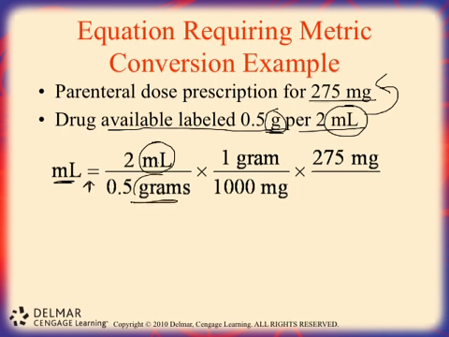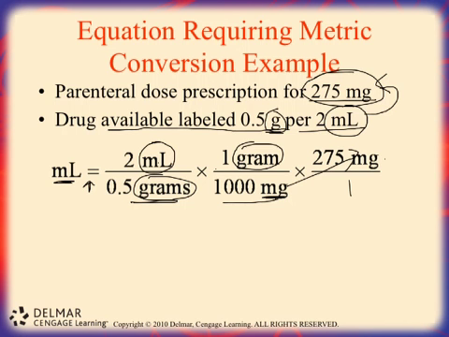If grams is here, we know that grams has to be in the next numerator. So 1 gram is equal to 1,000 milligrams. And see, now we're ready to put in our ordered dose, and it fits right here because we're putting in our next numerator to match this denominator. So we put our 275 milligrams over 1, and then we do our calculation.